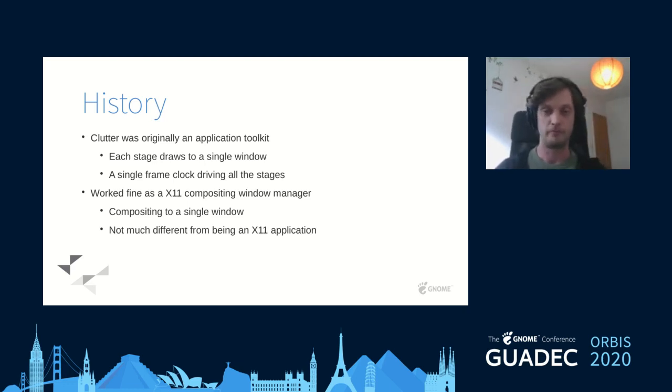It worked fine enough for years, even when we started to use Clutter as a compositing manager for the X11 golden days. It worked almost just as well, because with the X11 window manager way of using Clutter, we would still paint to a single window, and we would just care about driving that window. Not too much different from a regular X11 application.